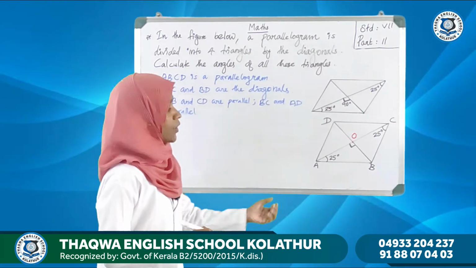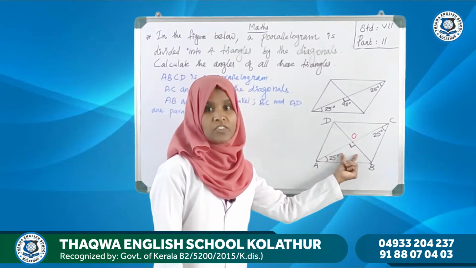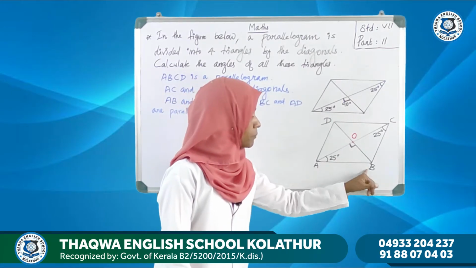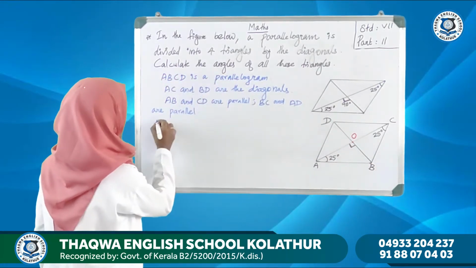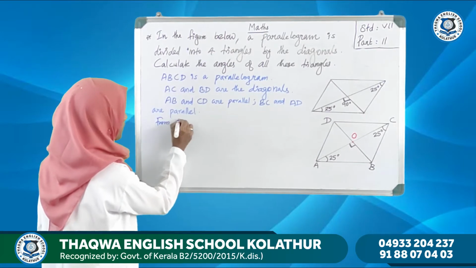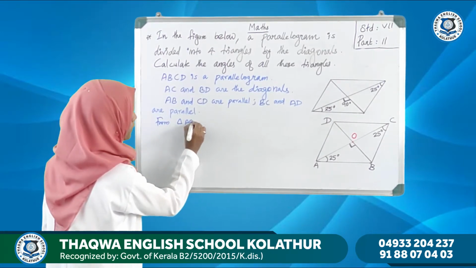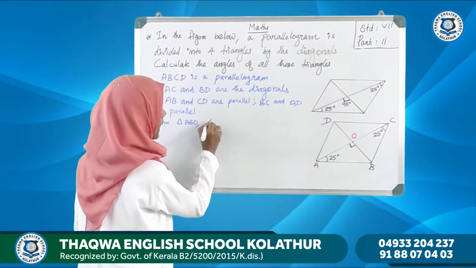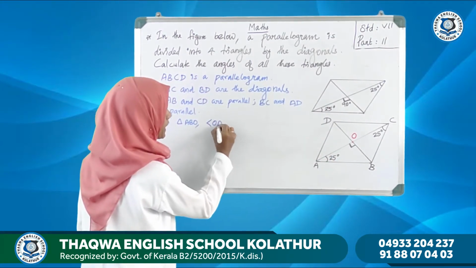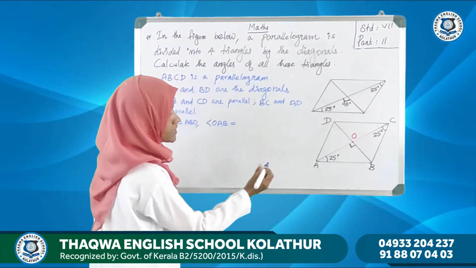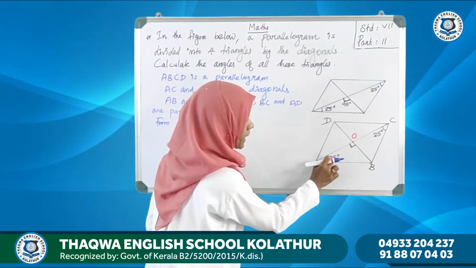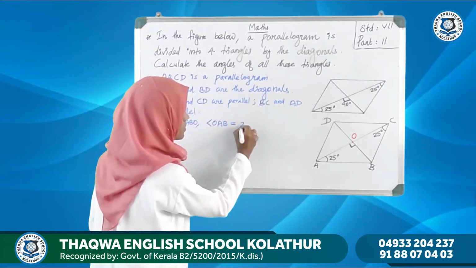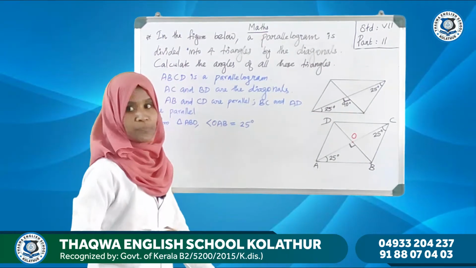Okay, now first consider this triangle, triangle ABO. From triangle ABO, we have angle OAB equals 25 degree.